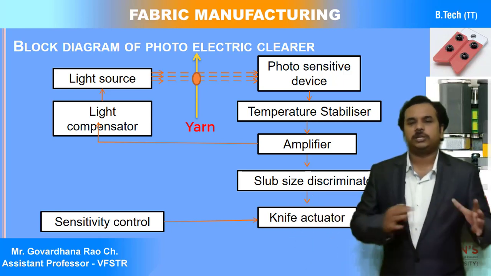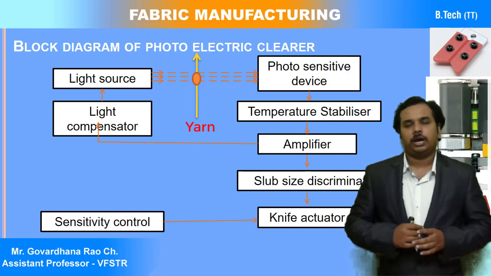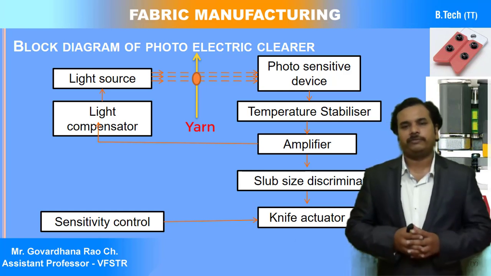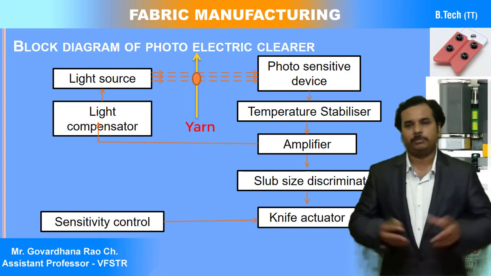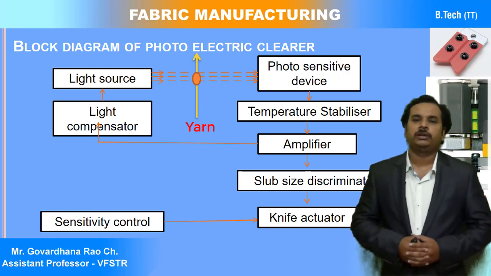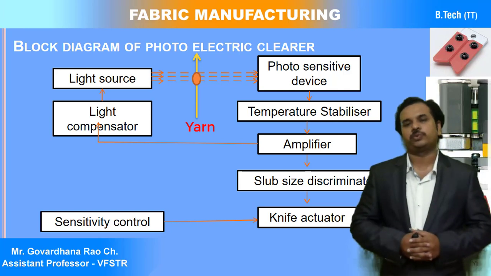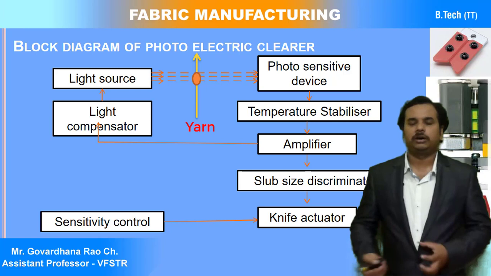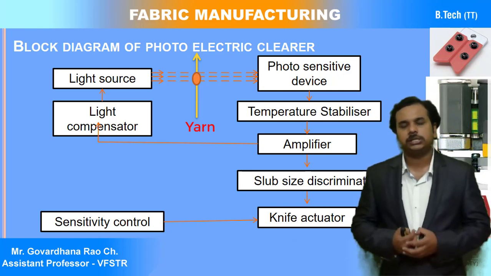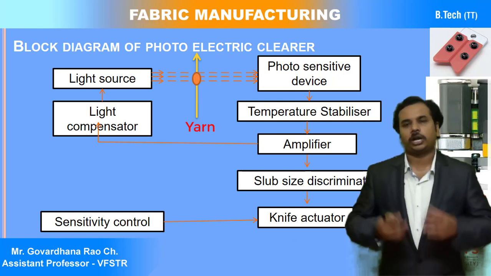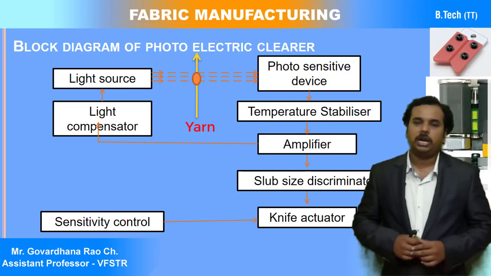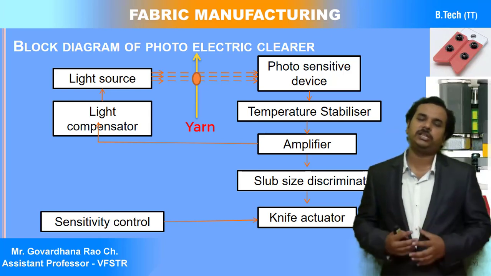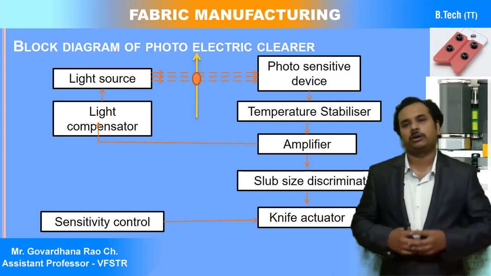So if it varies out of the range we have calibrated in the clearer, the photosensitive device first receives the light signals and compares them with the slab size discriminator. After comparing, it sees whether the signal is in the range or out of the range.